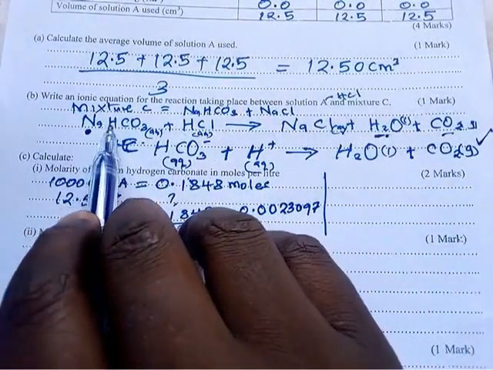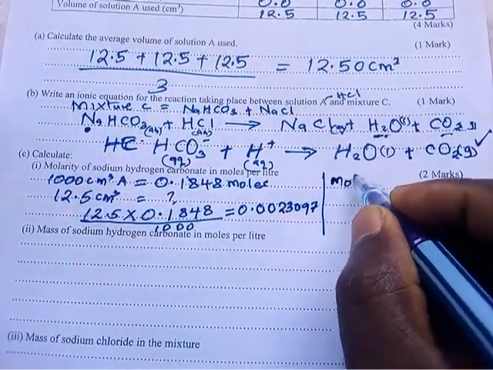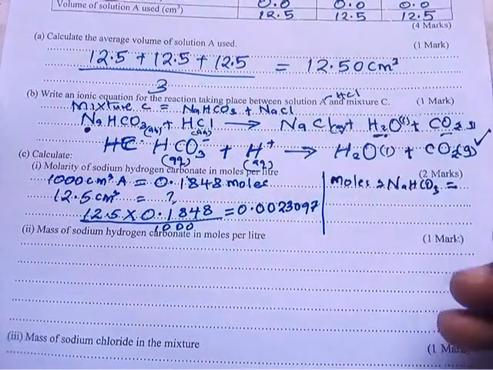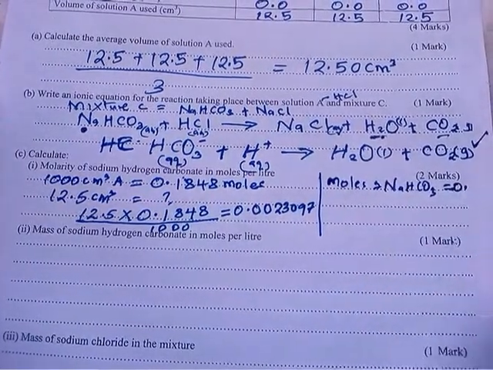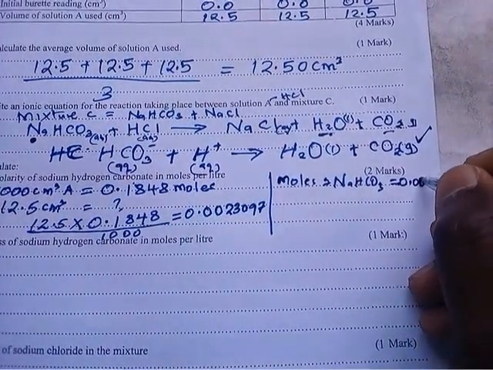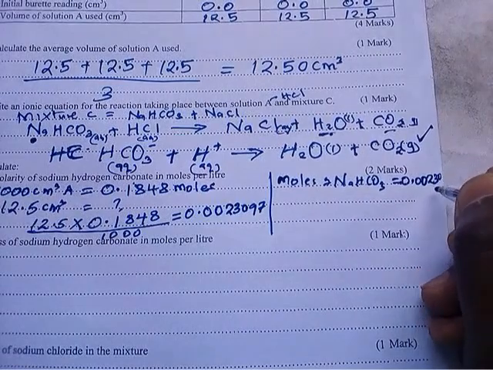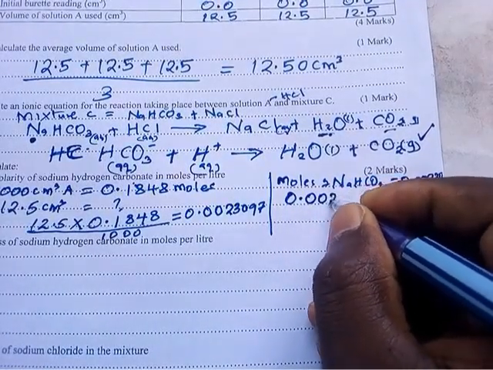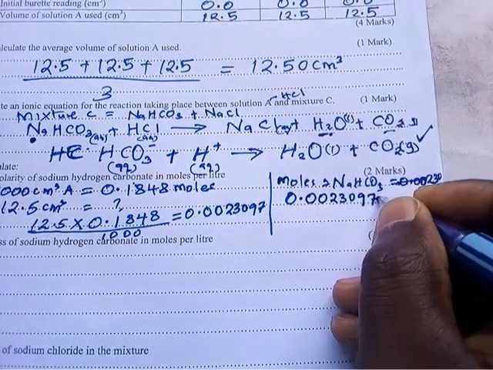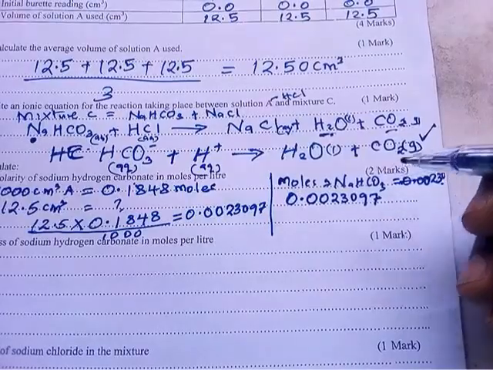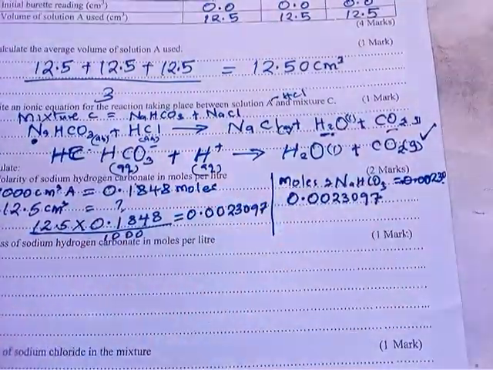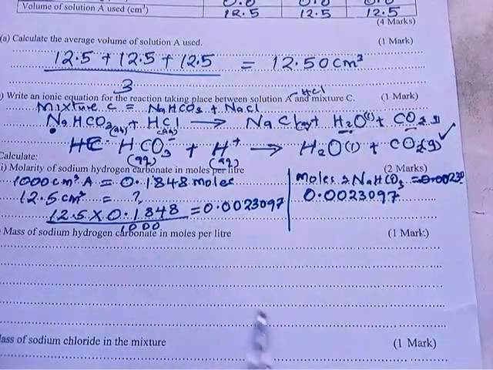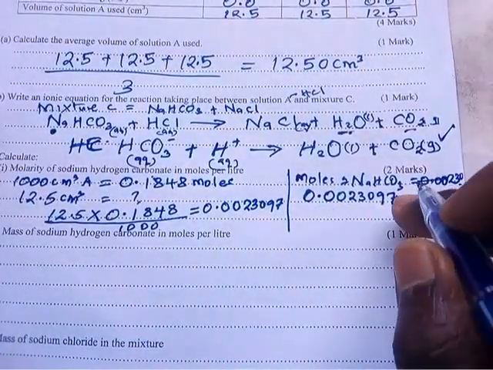But since the mole ratio is 1:1, it means the moles of sodium hydrogen carbonate will be equal, which is 0.0023097. This is the number of moles of sodium hydrogen carbonate because the ratio is 1:1. But we were asked to calculate the molarity. Molarity is the number of moles per liter.